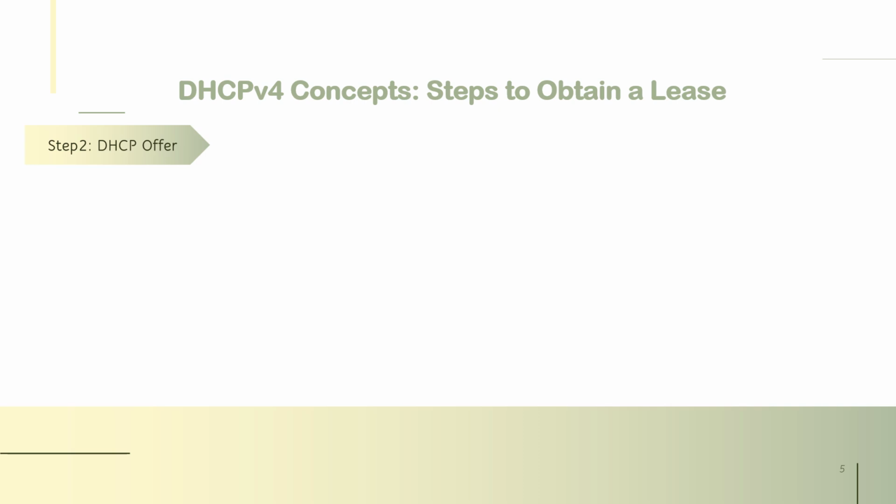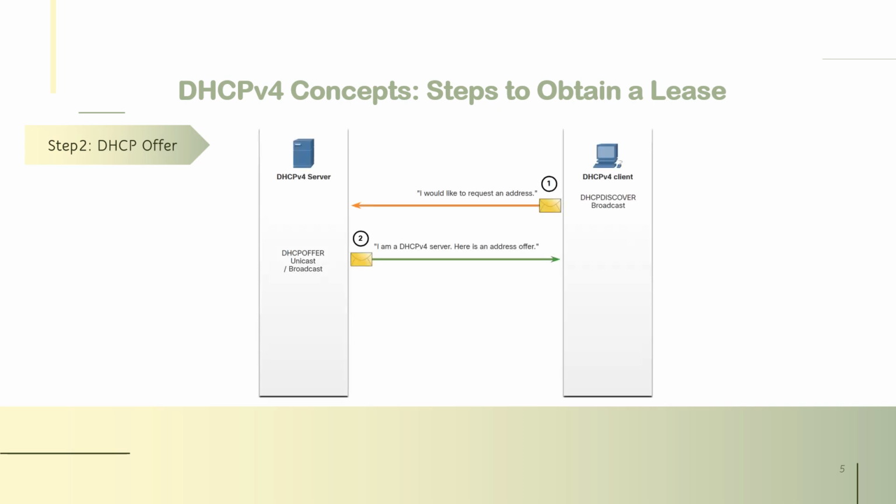The server also creates an ARP entry consisting of the MAC address of the requesting client and the leased IPv4 address of the client. The DHCP version 4 server sends the binding DHCP Offer message to the requesting client.